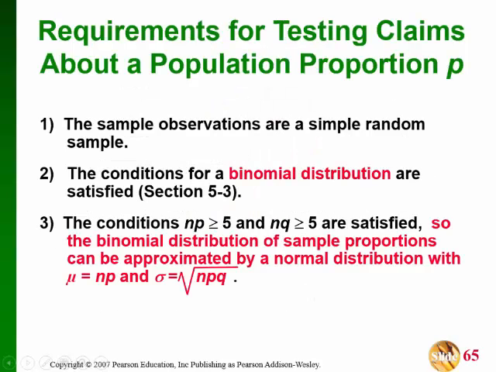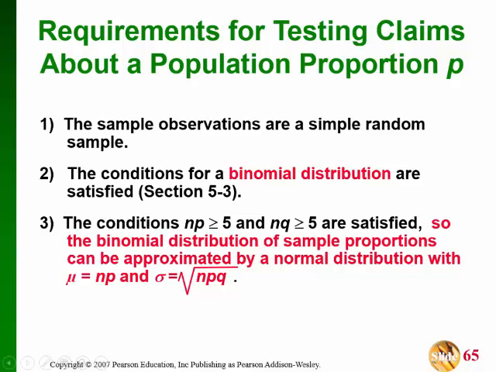So the important part about this section, aside from what we've done already, is the requirements. So here are the requirements, and again, with the confidence intervals, this looks very similar, right? We're talking about a simple random sample and binomial distribution, and then n times p is bigger than 5, n times q is bigger than 5.